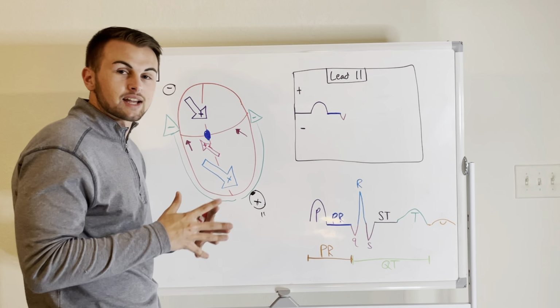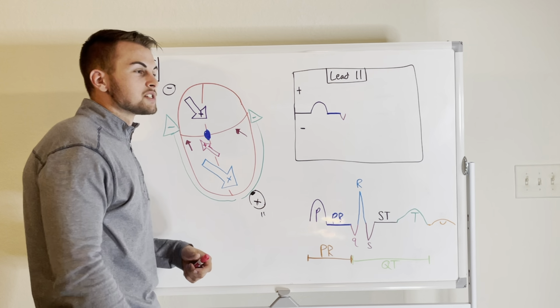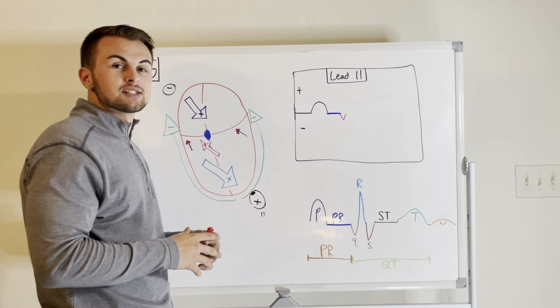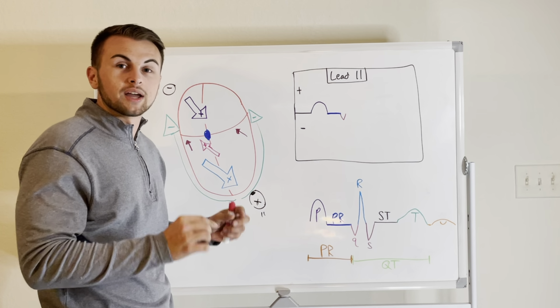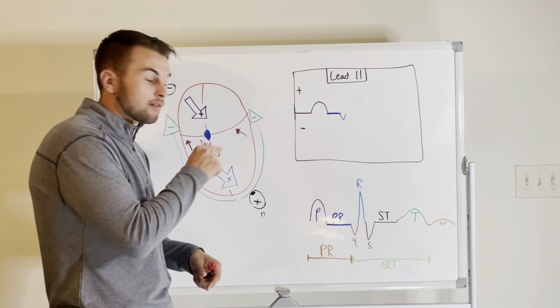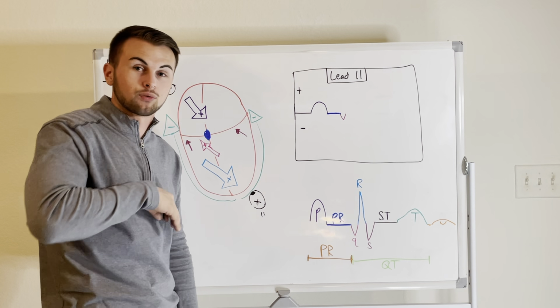Now, the next area to become excited is the major part of the ventricle. This is the majority of the ventricular muscle cells. This is the big daddy. This is the show. So it creates a positive depolarizing vector that travels towards the apex of the heart, which is downward and leftward.